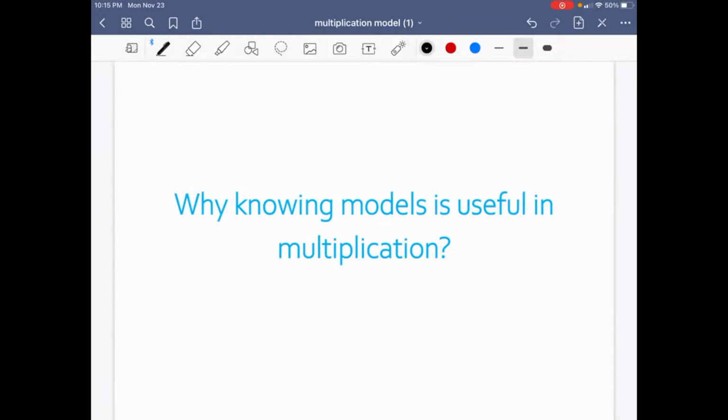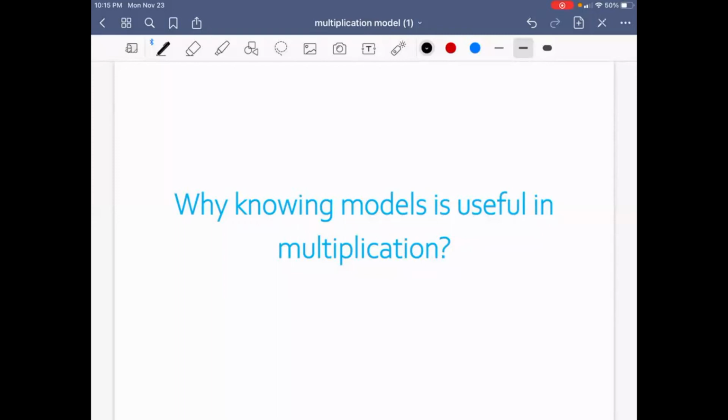Now, why is knowing models useful in multiplication? Well, I think models help you understand the question much easier. You may learn the column method, or you have learned the column method already, but the column method only uses numbers, and models don't only use numbers, but also pictures.